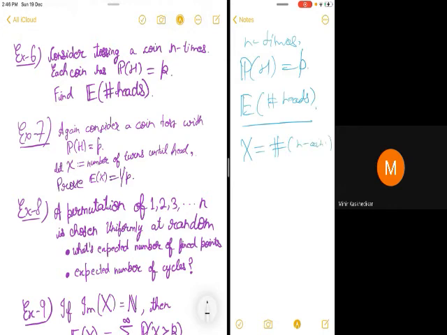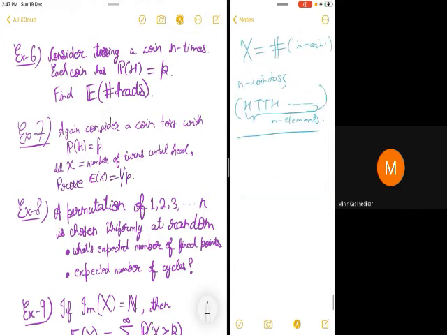We define an n coin toss to be just a string like HTTH, say, where this string has n elements. Now we want to find the expected value of the random variable X, which gives us the number of heads in such an n coin toss.